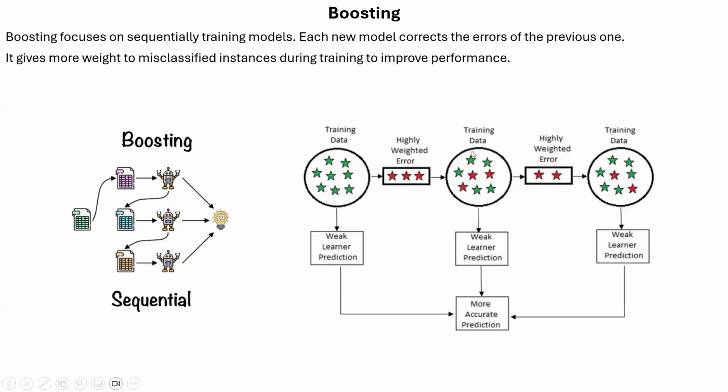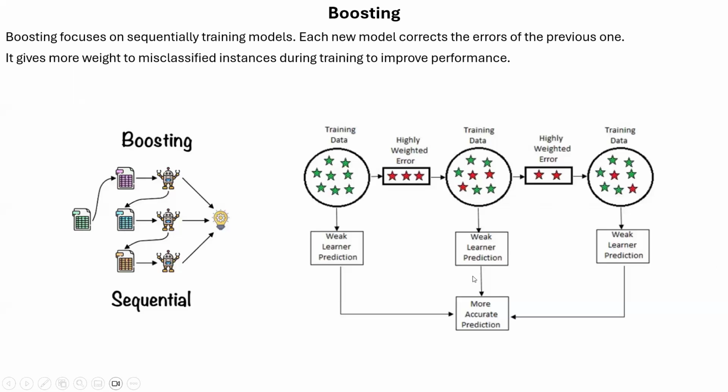Again, the data will be passed through a prediction model. And once that output is predicted, whichever records are wrongly classified in that output will again be given higher weightage. And this sequence will keep on going until we construct multiple trees.